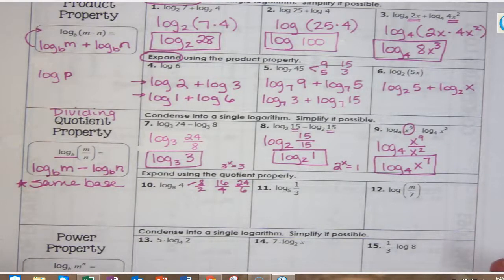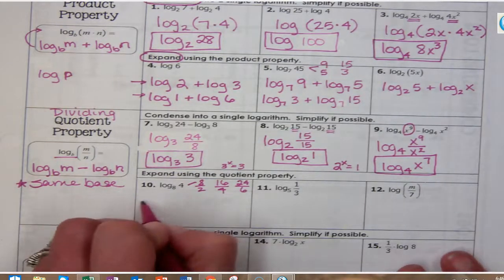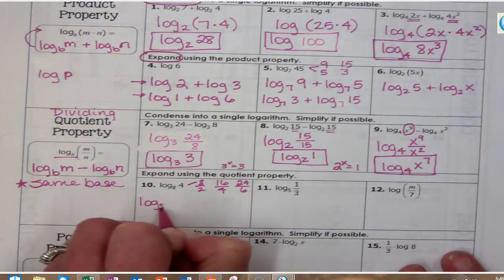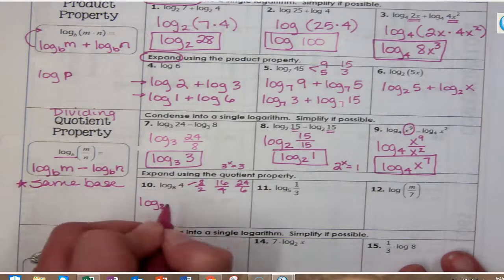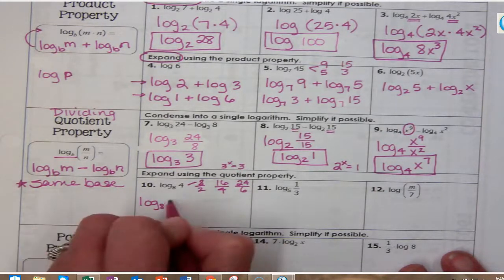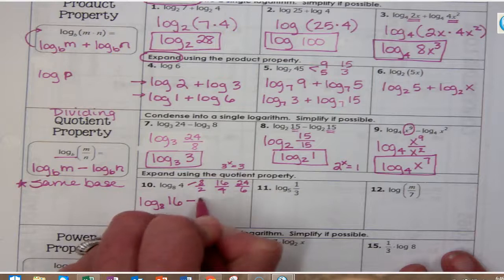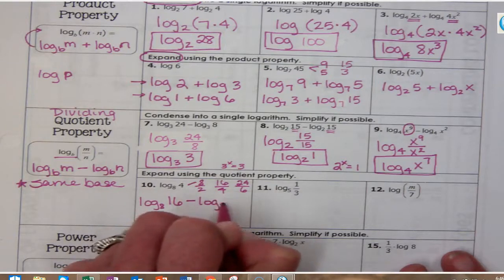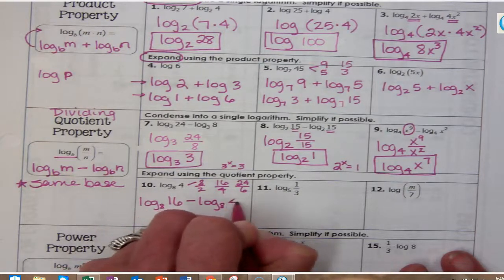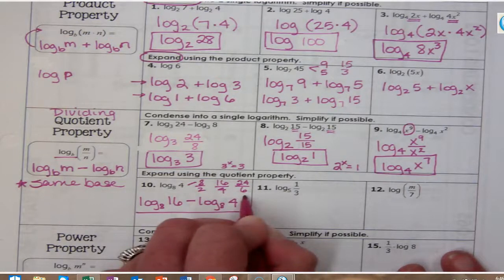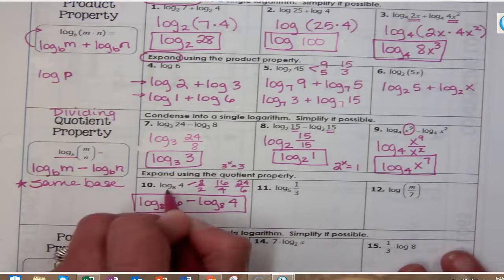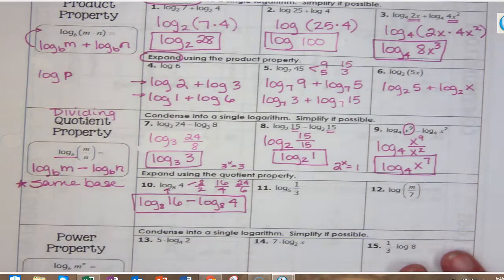There's many options. So I just need to pick one. And I'm going to pick log base 8 of, let's say, 16 minus log base 8 of 4. This would give me this answer, because 16 divided by 4 is going to be 4.